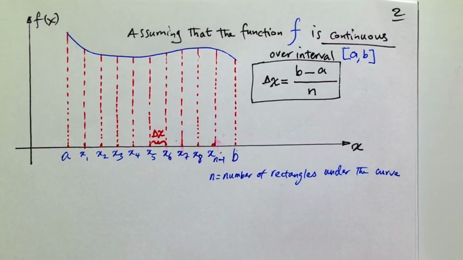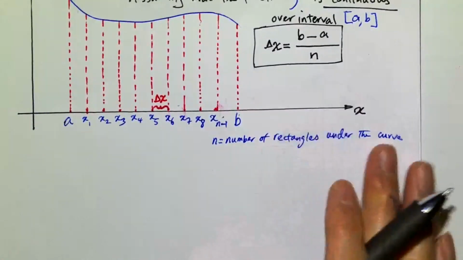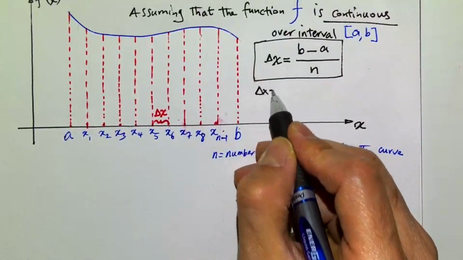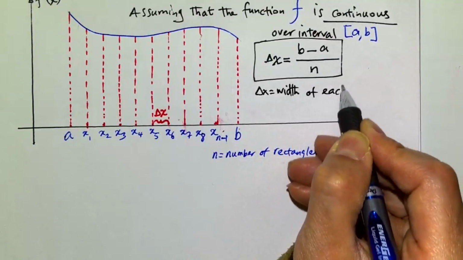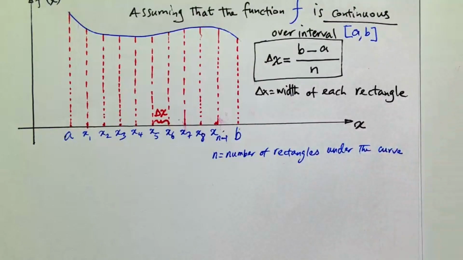All right. So then, given that, and delta x, let's also define that width of each rectangle. Okay.